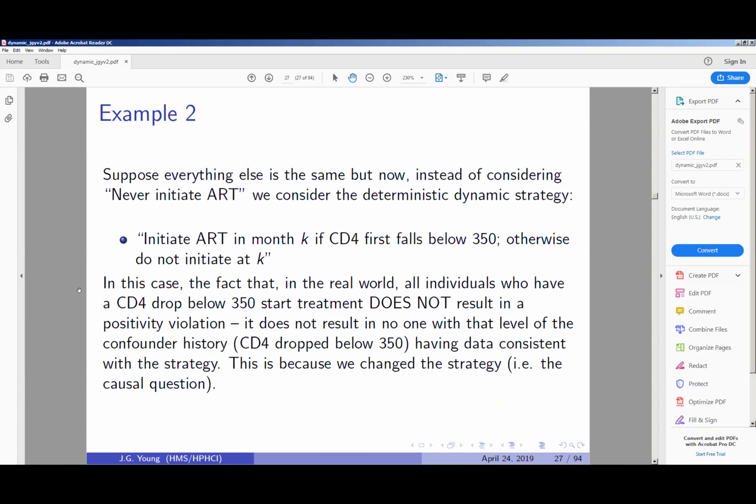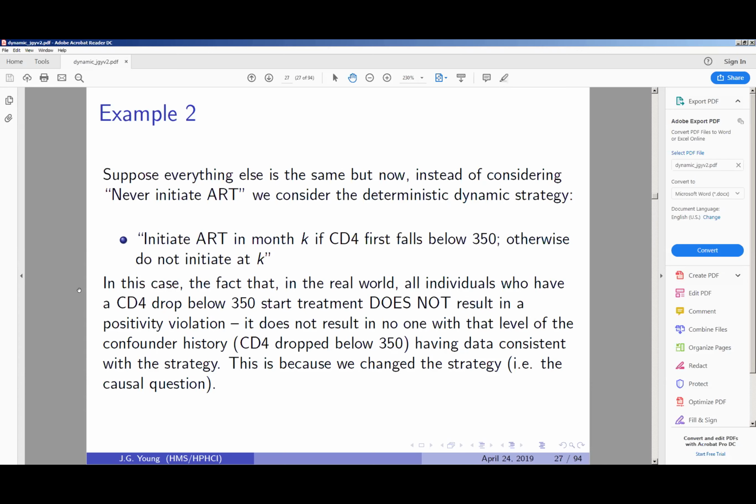But suppose we kept everything else the same, but simply changed our definition of the strategy. Instead of never initiate ART, we consider the deterministic dynamic strategy: initiate ART in month K if CD4 first drops below 350, otherwise don't initiate.